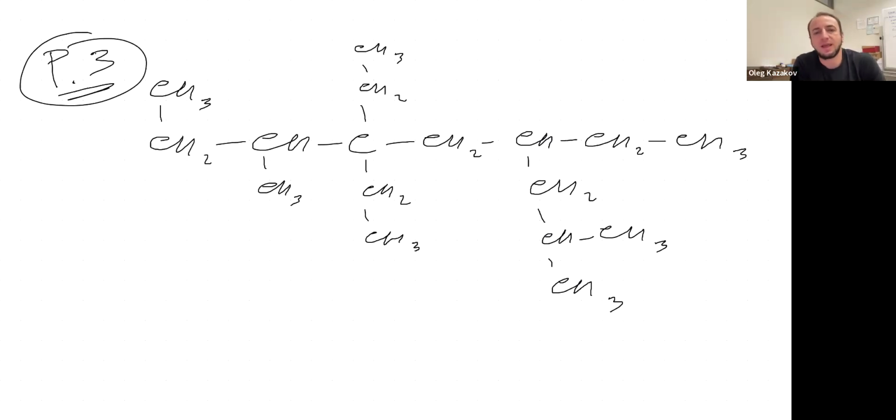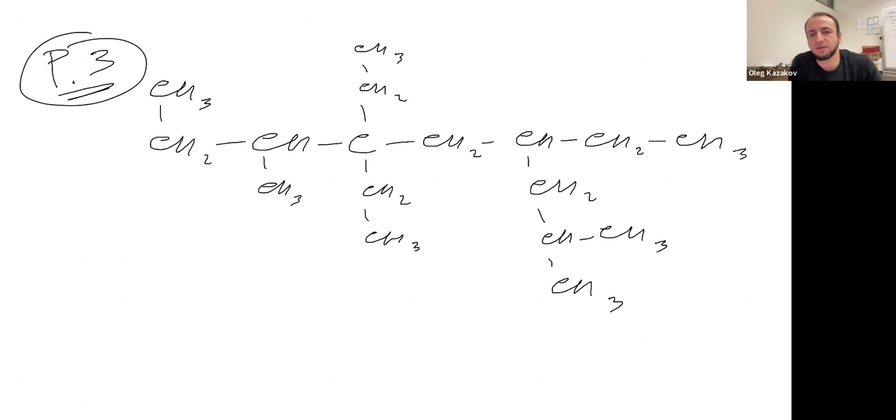So let's take a look at what is going to be the longest chain here potentially. There are many ways to look at the longest chain, but we need to just count the carbons from various directions. So we have 1, 2, 3, 4, 5, 6, 7, 8.